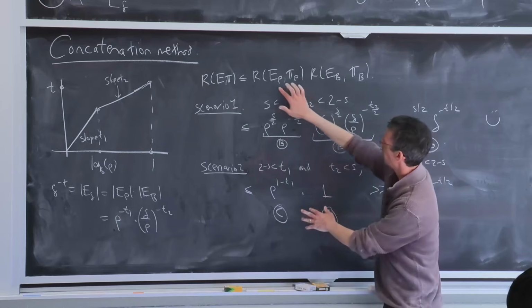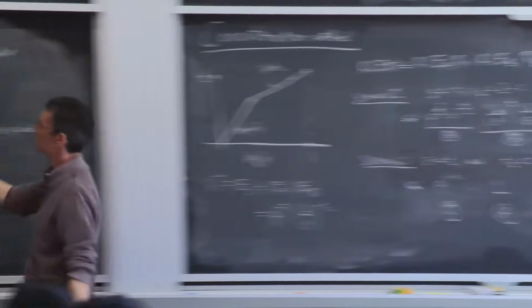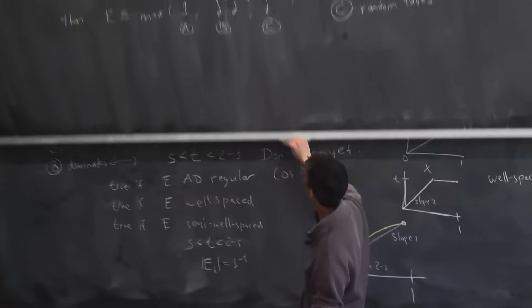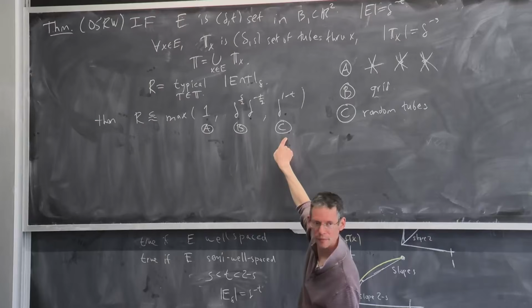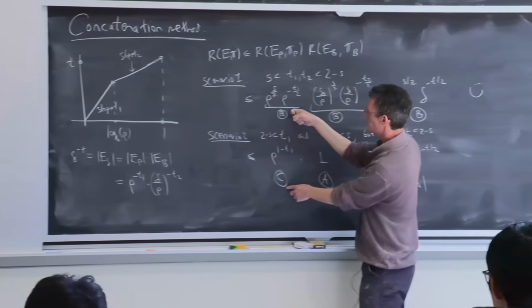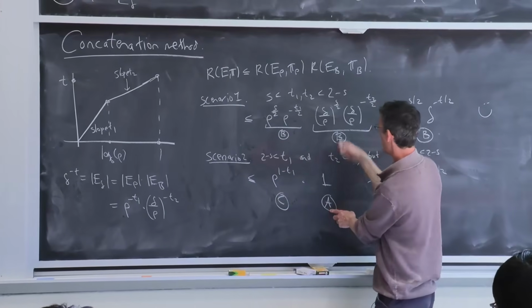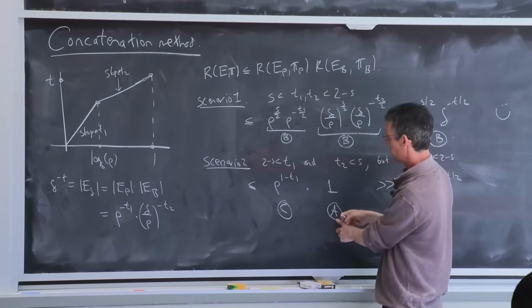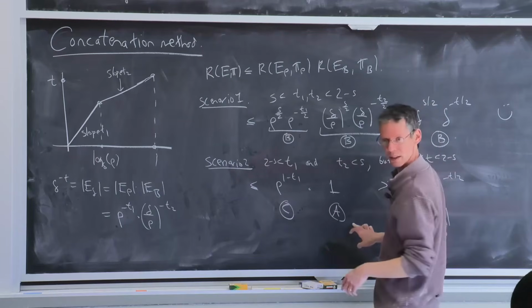Remember that at each step, when I bounded r, my theorem bounds r by a maximum of 3 things. Maximum of A, B, and C. So this C is way bigger than B in this regime. And this A is way bigger than B in this regime. And B times B would be my goal. So this is way too big. So it doesn't work.